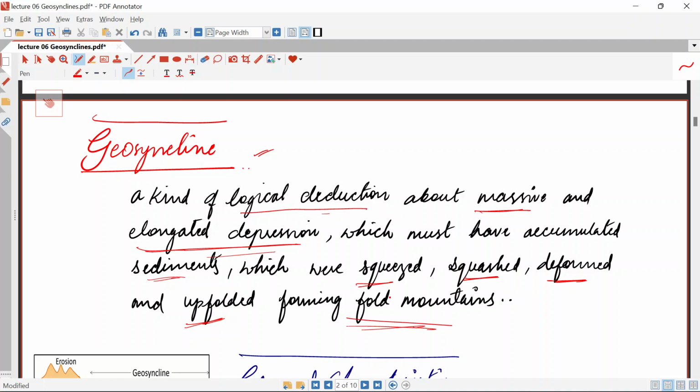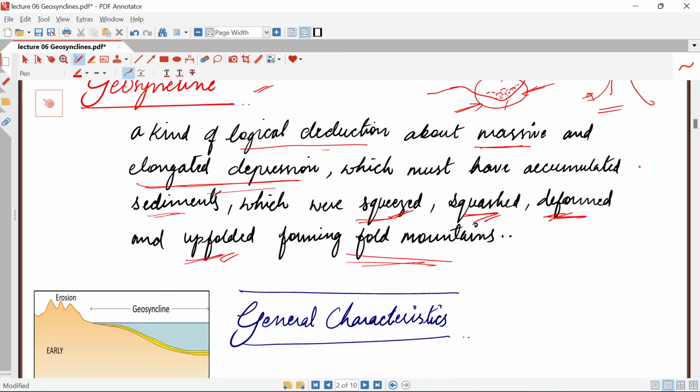Basically, a depression takes place where sediments will get stored, and due to the forces acting on these sediments, they undergo this squeezing, squashing, deformation and upfolding, which finally forms a fold mountain. So this is what we are going to see today.